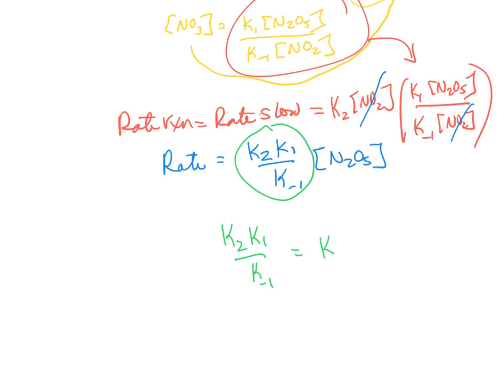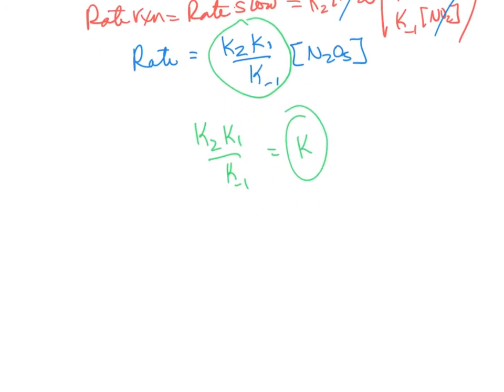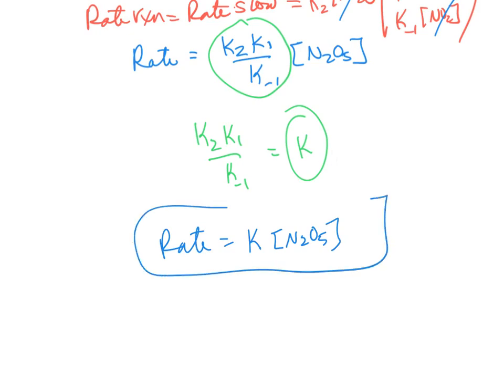Maybe we're dividing by 0.1 for K minus 1, so that would be 10,000. And so it's just a number. If you calculate the numbers on the left, you end up with a new number, and we're going to call that K. So that's okay. We can do that. And we're going to say the rate then is equal to K times N2O5 to the first power. That is absolutely consistent with the rate law that's observed in the lab.